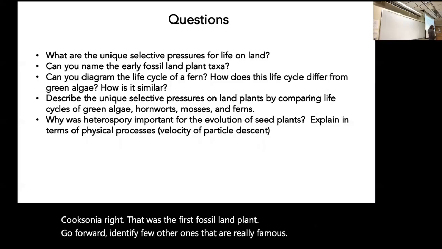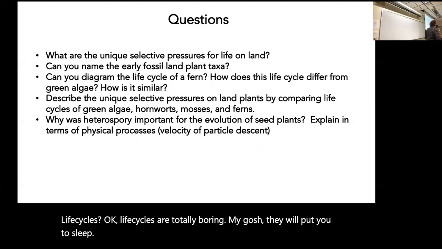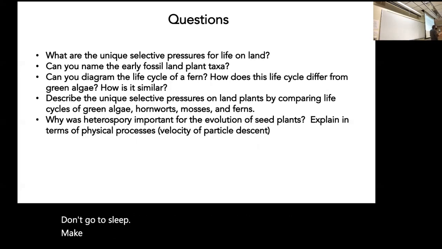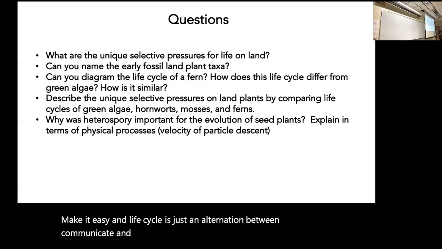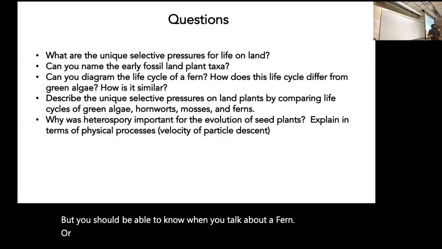Okay, life cycles. Life cycles are totally boring. Oh my gosh, they will put you to sleep. Don't go to sleep. Make it easy. A life cycle is just an alternation between gametophyte and sporophyte, haploid, diploid. That's all it is. But you should be able to know, when you talk about a fern or a moss, in general what those life cycles look like.